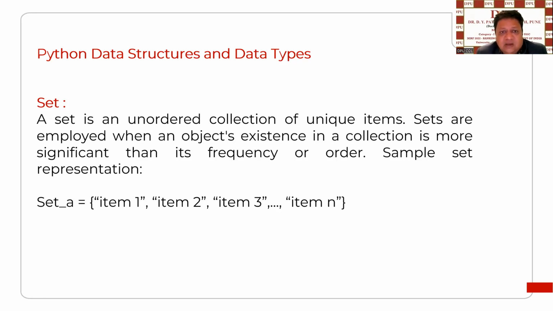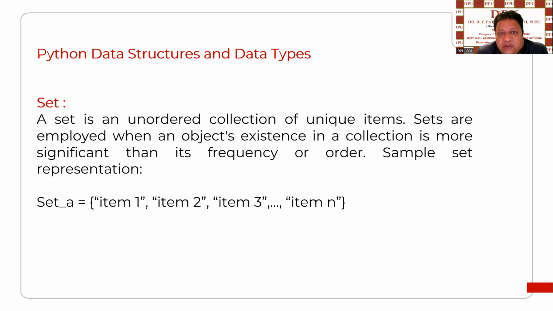A set is an unordered collection of unique items, and sets are employed when an object's existence in a collection is more significant than its frequency. So you're not concerned about the frequency. I'm concerned about its existence in the collection. So in that case, I will go for set, not for list.